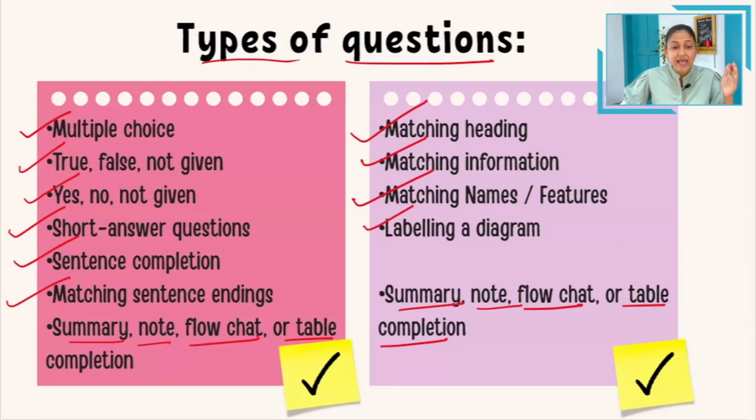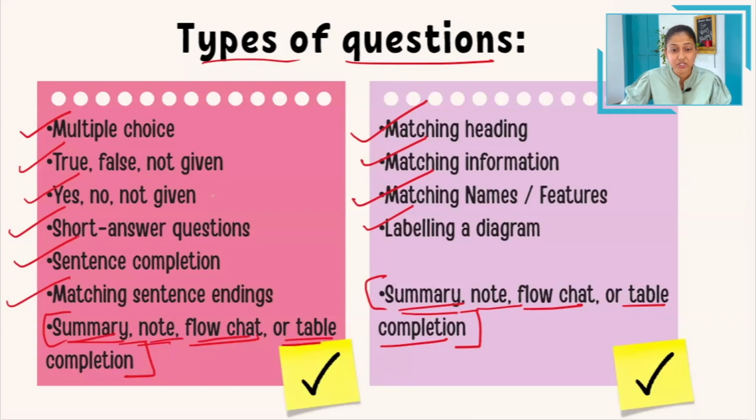Please pause and look at the screen once again and identify what you see on the screen which gives you a question mark. If you have noticed, there are certain types of questions which are written on both the sides, left side as well as right side. Which are these questions? Summary completion, note completion, flow chart completion and table completion.